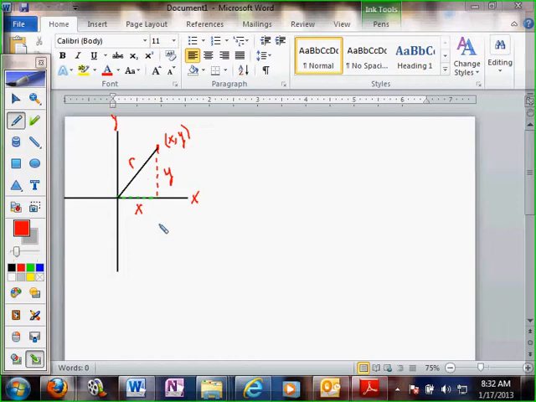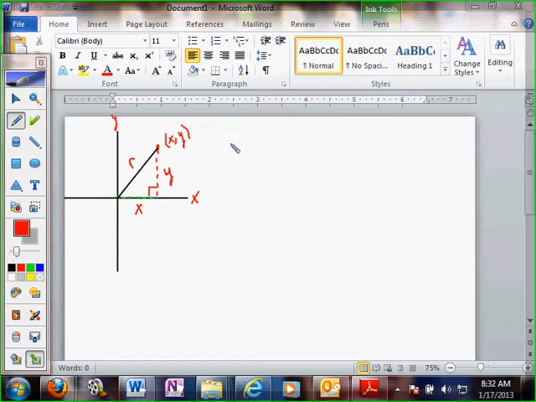Now, what we're going to be talking about on note card 4 are the 6 trig functions: sine, cosine, tangent, cosecant, secant, and cotangent. These trig functions are ratios of the sides of this triangle. In this case, this is a right triangle because this line is perpendicular to the x-axis. So we have the definitions for these trig functions.